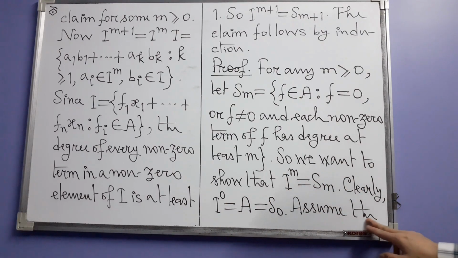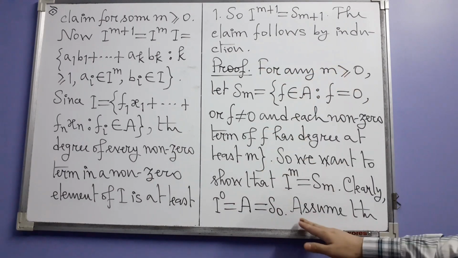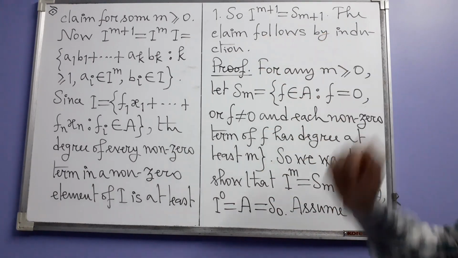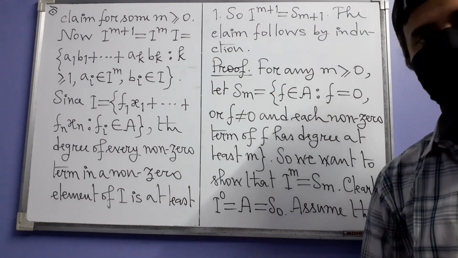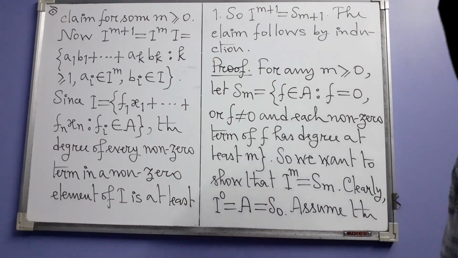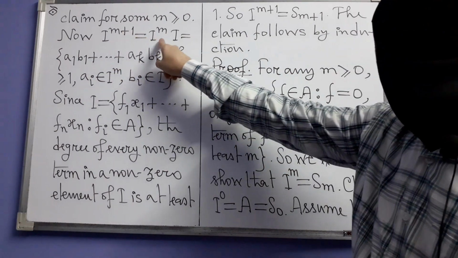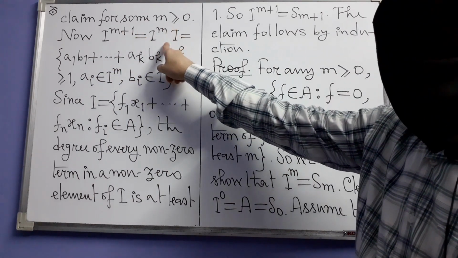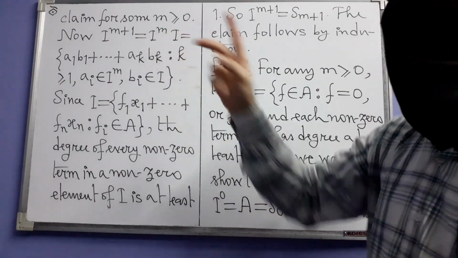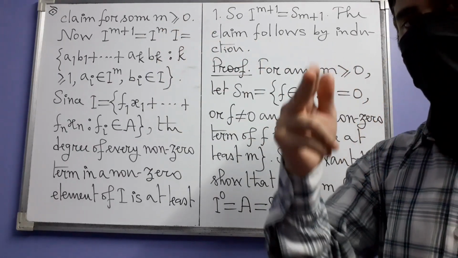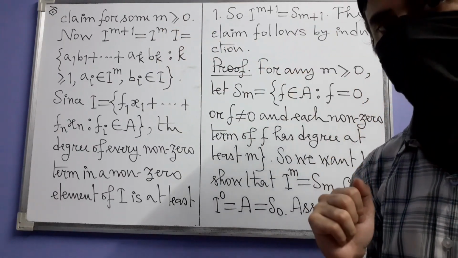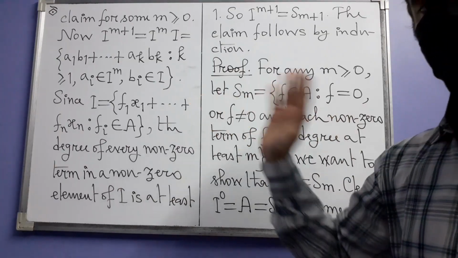Next, you assume the induction hypothesis. Say you assume that the claim is true for some non-negative integer m. And then you consider the m plus 1th power of I, which by definition is I to the power m times I. Now this is the product of two ideals. One of them is I to the power m, the other one is I. So how will the general element look?